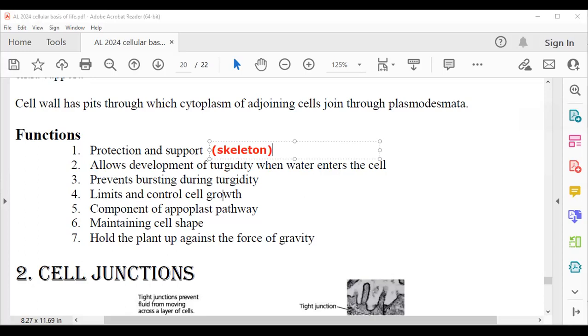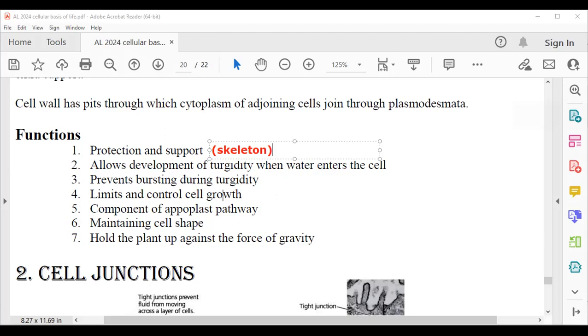That's why in plant cells, the cytoskeleton's need is low, because the cell wall is there. It is giving protection and support.